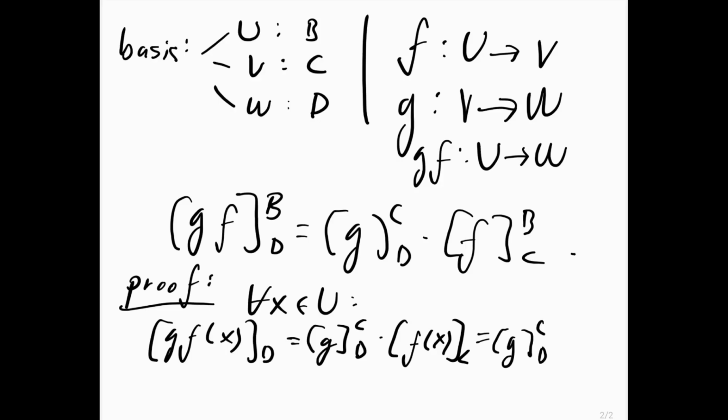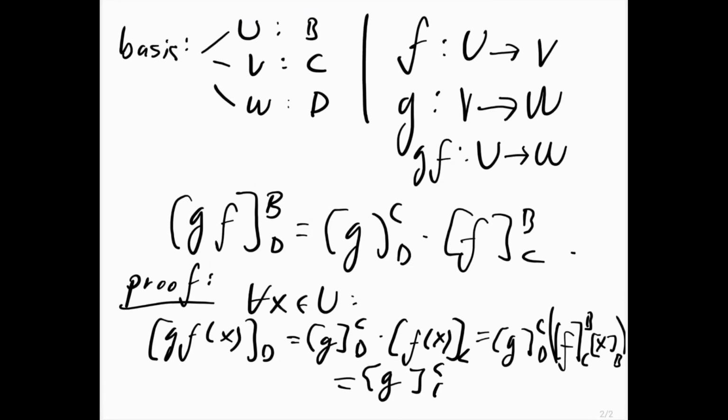But this directly translates to G with respect to C and D, and the F of x with respect to C part can be written as the matrix of F with respect to B and C times x with respect to B. We have parentheses here, but we can just reorganize the parentheses and rewrite it as G with respect to C and D times F with respect to B and C, this whole thing in parentheses, and all that times x with respect to B, which is exactly what we wanted to show.